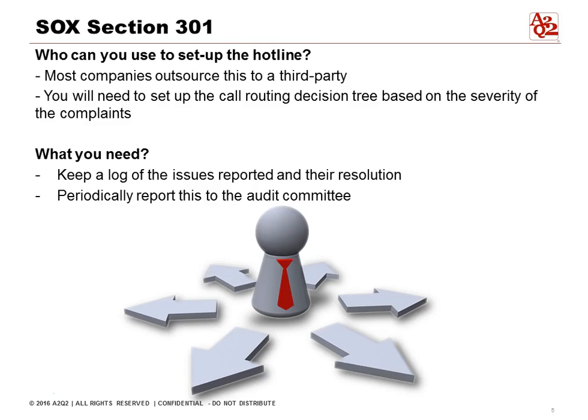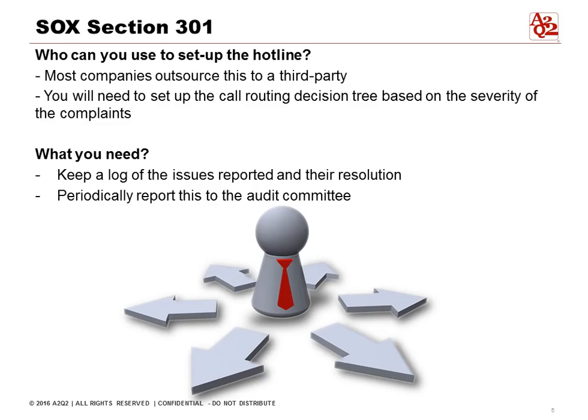What I mean by that is you may receive complaints ranging from dirty kitchens to unfair treatment from your bosses. Remember, this hotline is for employees to report concerns about accounting and financial reporting matters. So if you get the dirty dishes in the sink complaint, well, that's not really high priority.